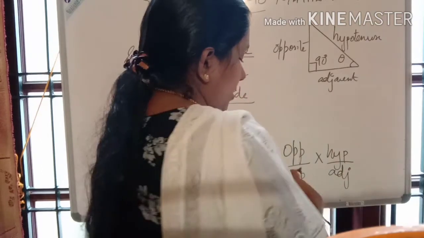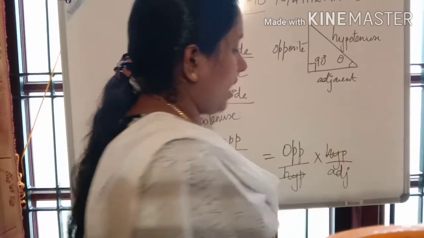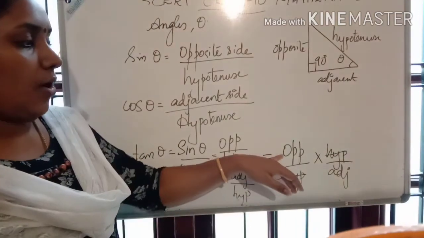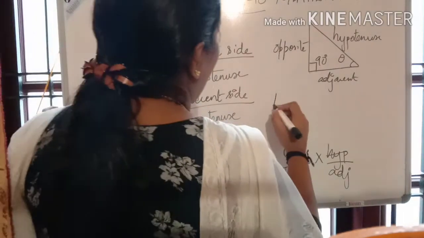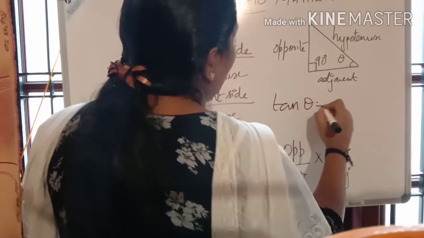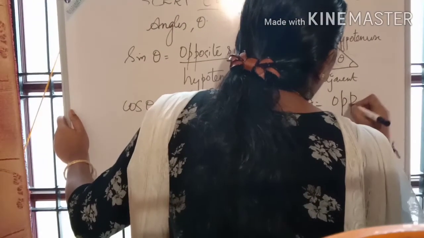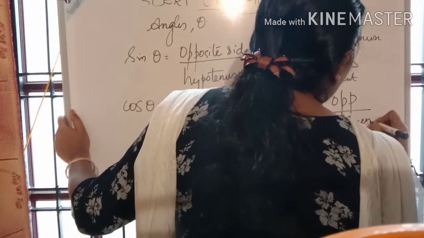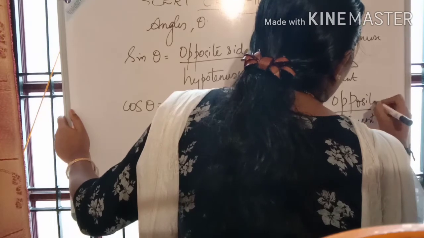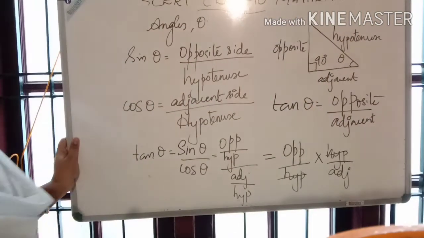Now, the hypotenuse cancels out, leaving opposite side by adjacent side. So we conclude that tan theta is equal to opposite side by adjacent side. Clear?